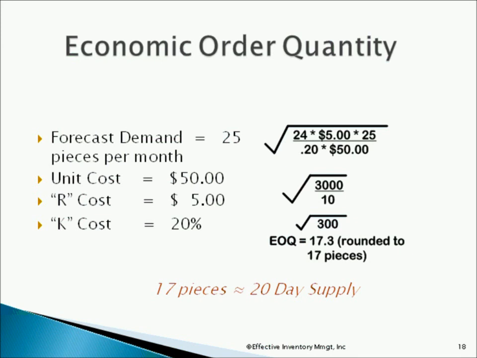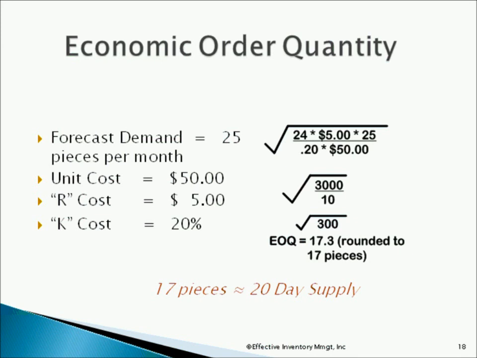If you have more dollars moving through inventory per month, if you are investing more in inventory, you want to bring in smaller quantities more often. In other words, you want to push the turnover of these products.